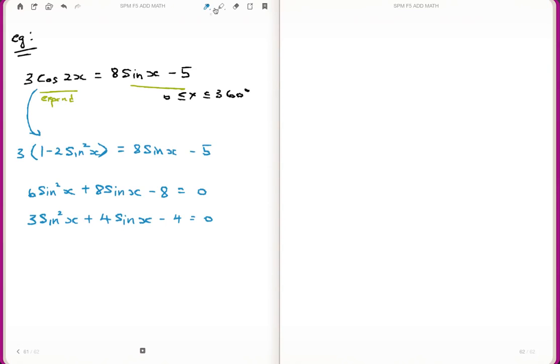All you need to do is assume this whole term, sine x, as your x, just like in your Form 4 chapter 2 quadratic equation. How do you factorize them? 3x squared plus 4x minus 4 equals 0. Okay, how to do that?